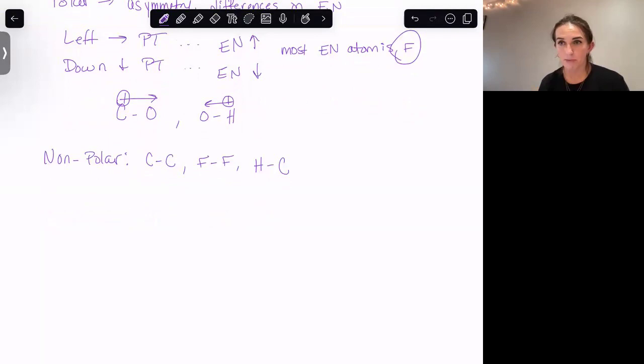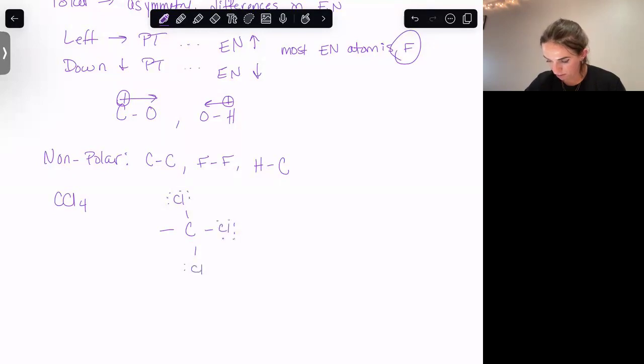So if you look at carbon tetrachloride, CCl4, when you draw out the Lewis structure, it is symmetrical on all sides.